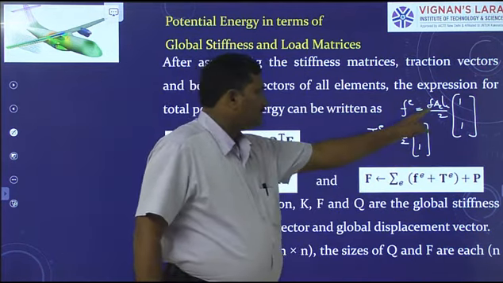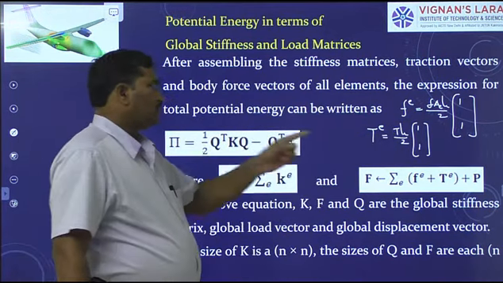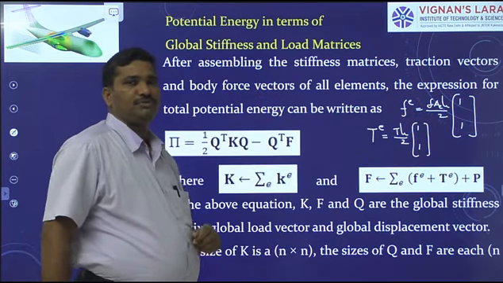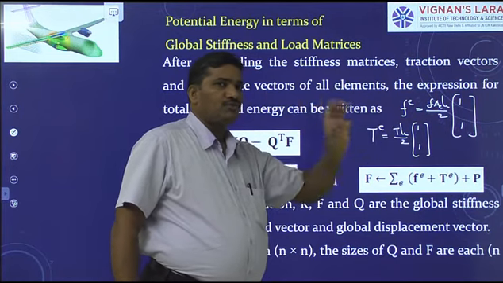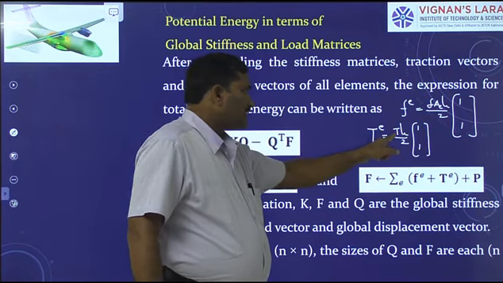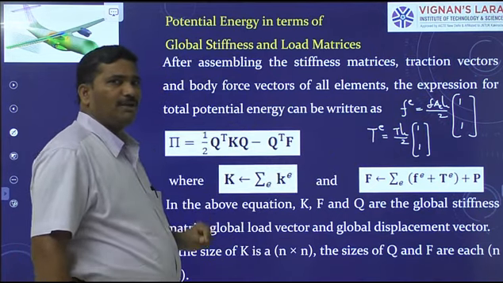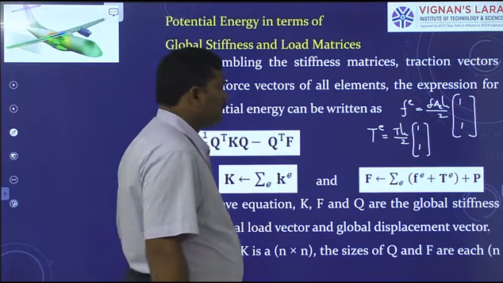Remember, in this expression f is the body force per unit volume. For every element, the body force per unit volume is constant. T is the traction per unit length, and for every element the traction per unit length is constant, right?